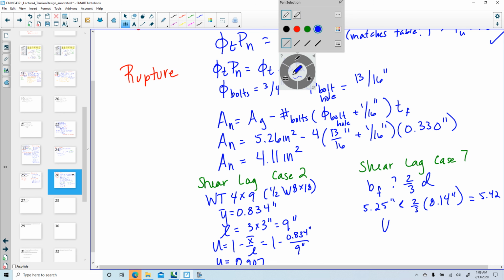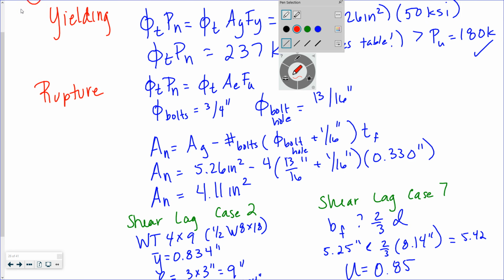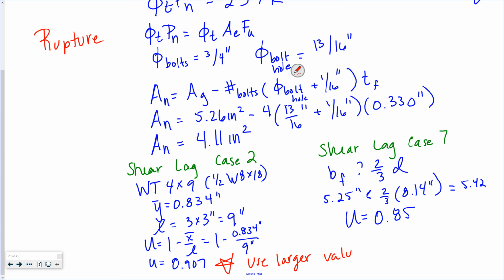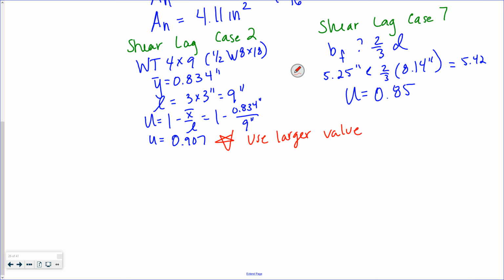So U equals 0.85. I get to use a larger value. It's like the one time in your life you're actually allowed to use a larger value, right? So now I can calculate my effective area.